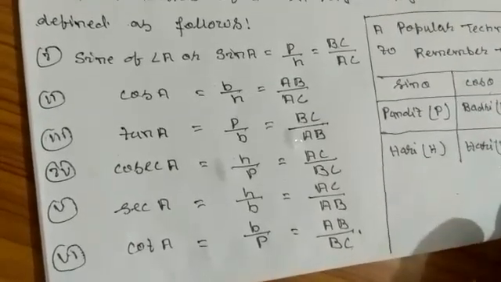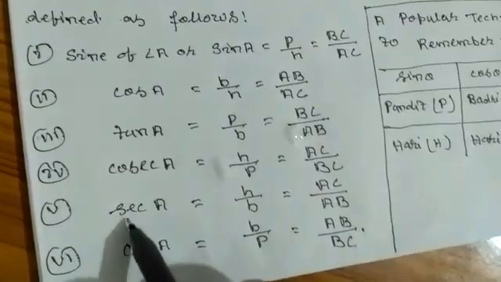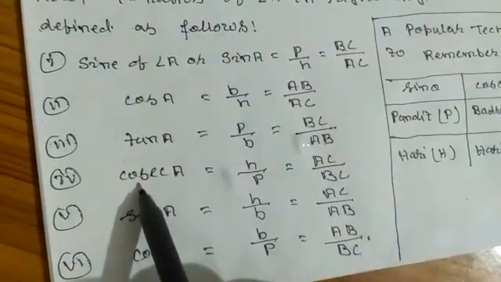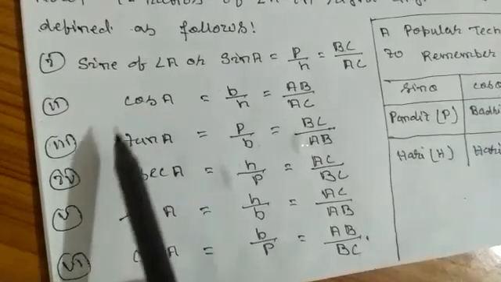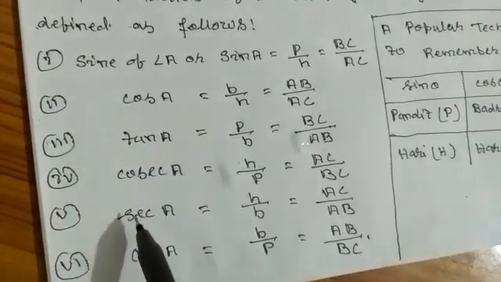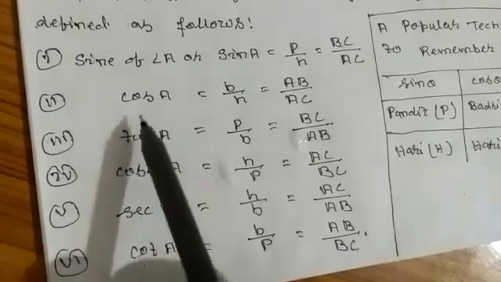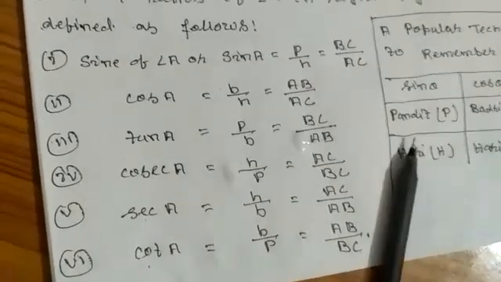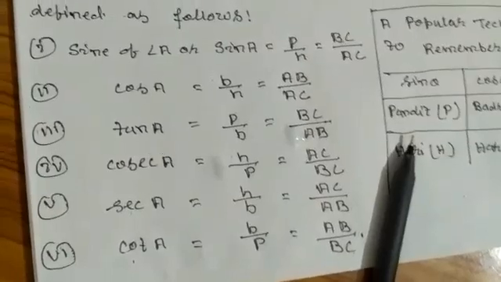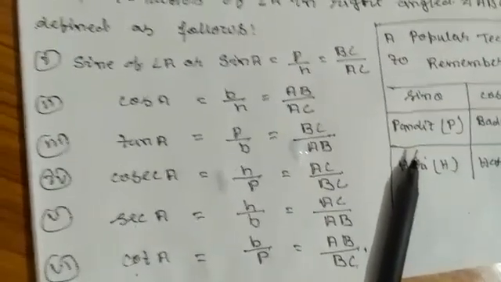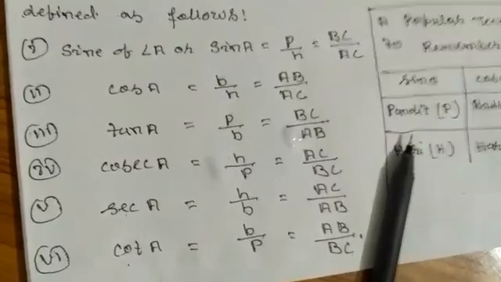As you can see, cosec is the reciprocal of sine, sec is the reciprocal of cos, and cot is the reciprocal of tan. So from here you can establish a relation between the pairs of ratios.